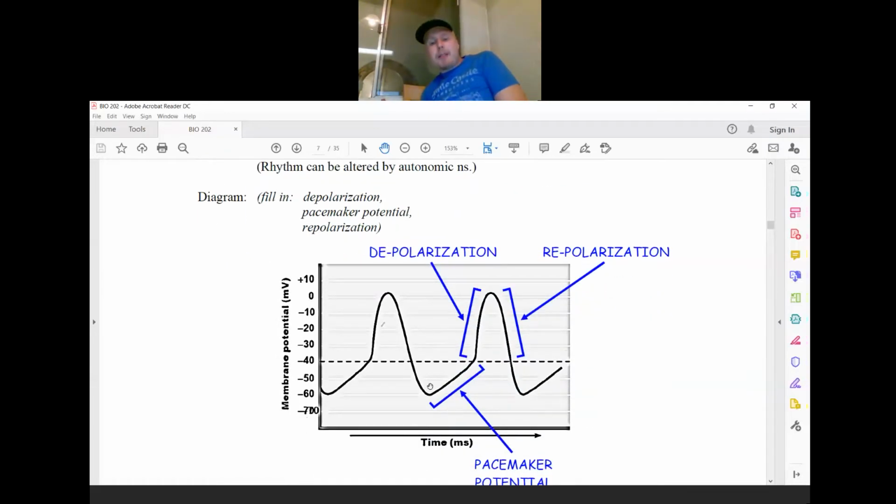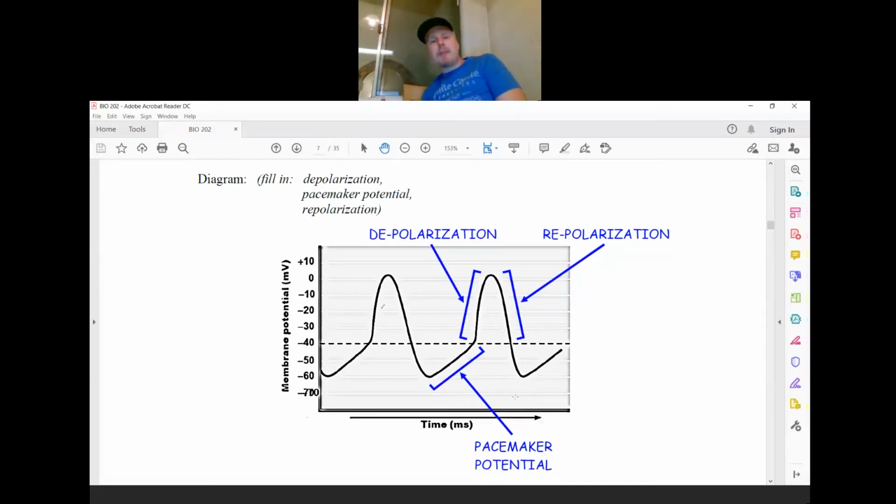And pacemaker potential was the kind of resting stage. But notice that pacemaker potential is not a flat line like in our action potential. It's slightly increasing all the time until that critical point is reached and depolarization starts. So now our electrical current shoots at the membrane to 0 and slightly above. And after reaching that point, it returns back to the beginning of the pacemaker potential charge in a process known as repolarization.